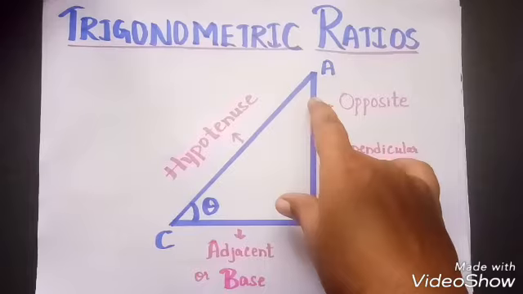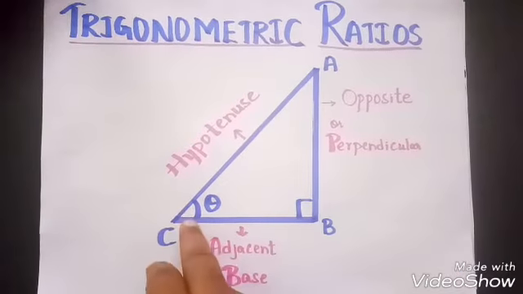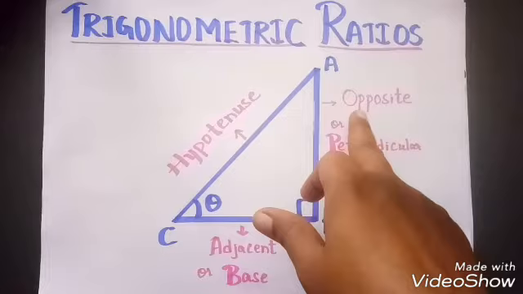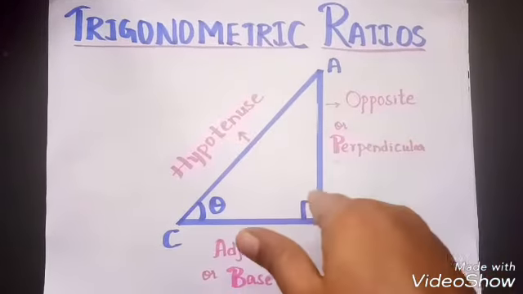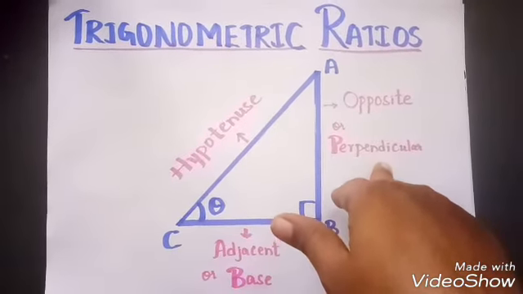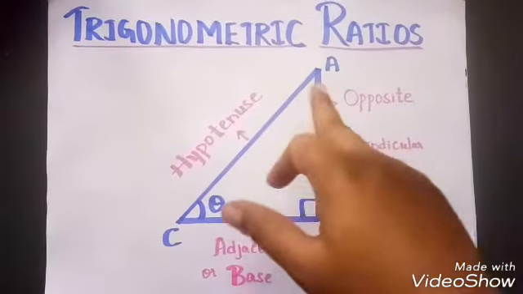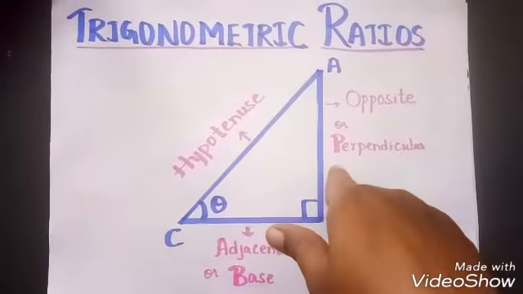Now in this triangle, the side which is exactly opposite to theta, we call the opposite side, or it is also called the perpendicular side. Or this becomes the altitude for this triangle ABC.